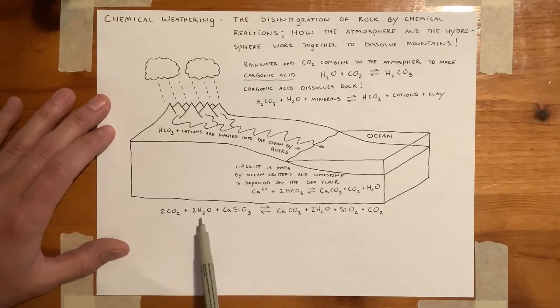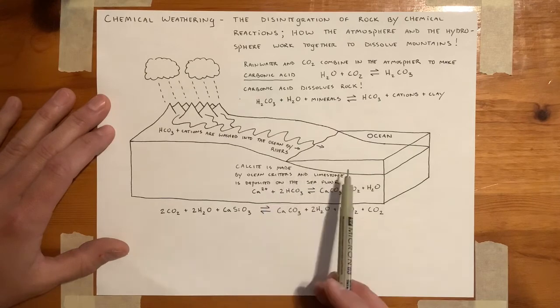CO2 and H2O combine in the atmosphere to make carbonic acid. That carbonic acid reacts with silicate minerals. This is a formula for the mineral wollastonite, which is actually not very common in the Earth's crust, but it just serves as a simple chemical formula to approximate silicate minerals. So CaSiO3. So this silicate mineral is dissolved by the carbonic acid.